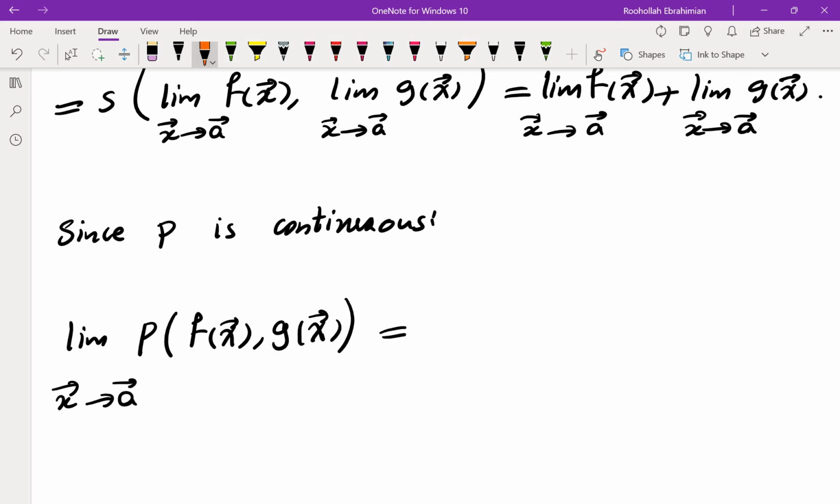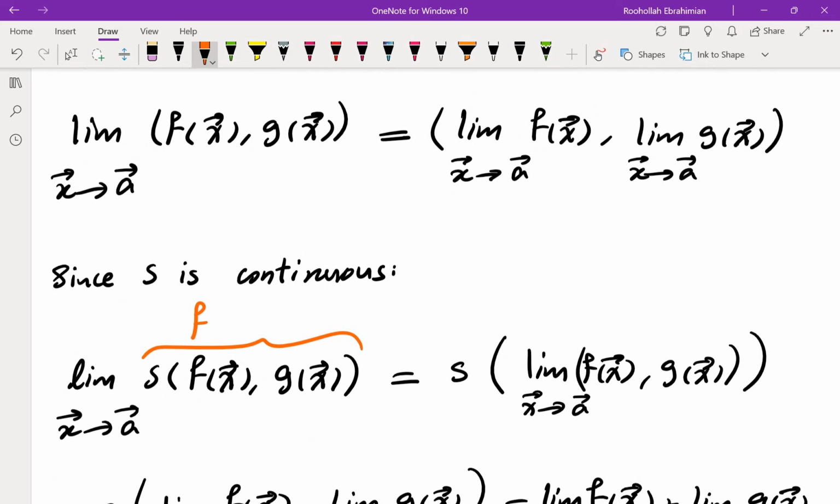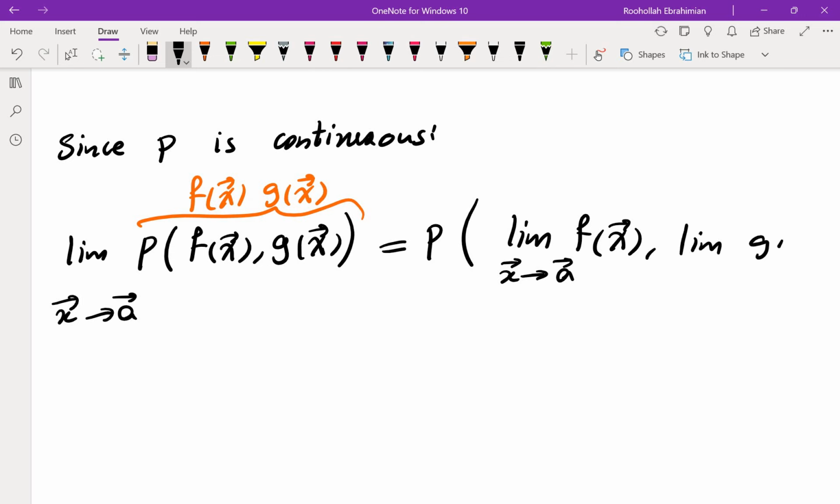This is exactly f of x times g of x, the same way that the previous one was f of x plus g of x. Since this is continuous, we can swap the limit and the function. This would be P of the limit, and then the limit of components becomes components of the limit, so this comma the limit of g.